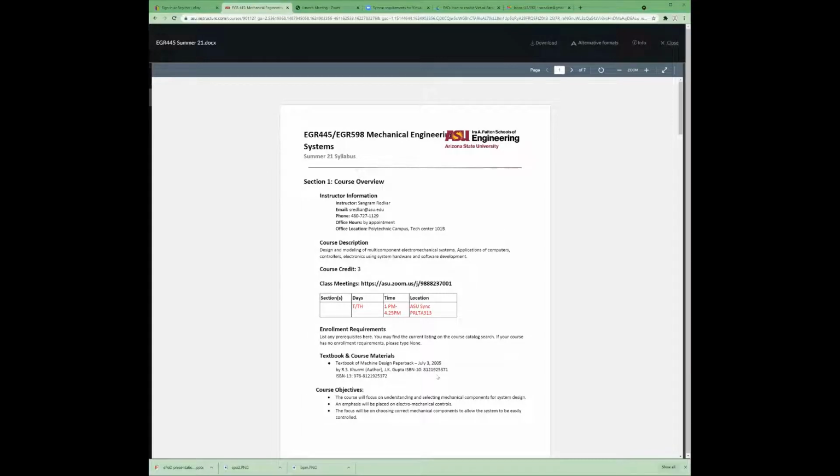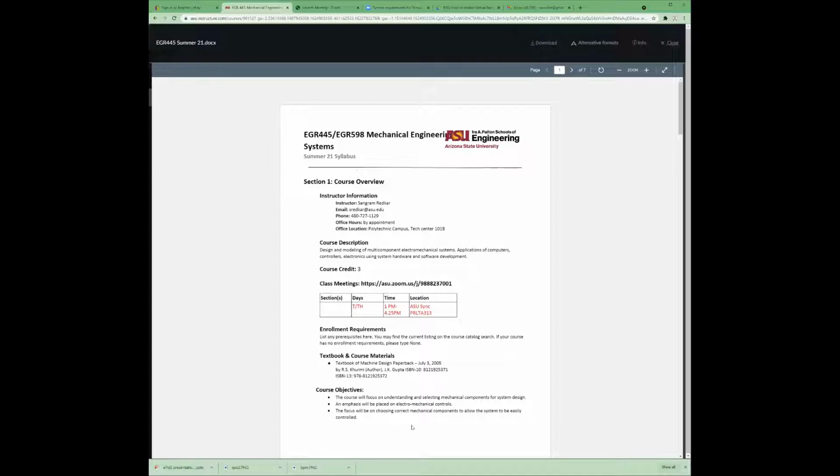The objective of this course is mechanical engineering system design. So how do we design the system, not the components, but how do we combine these components so that we have a fully functional system?